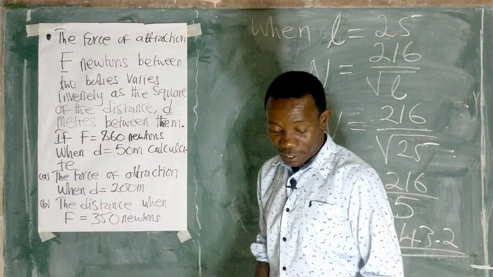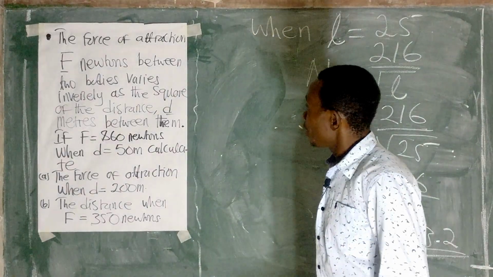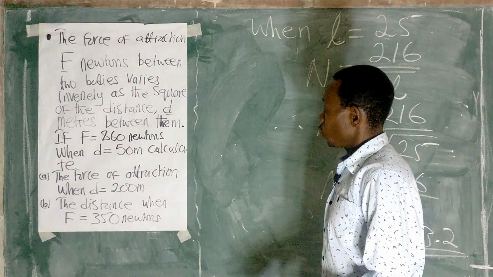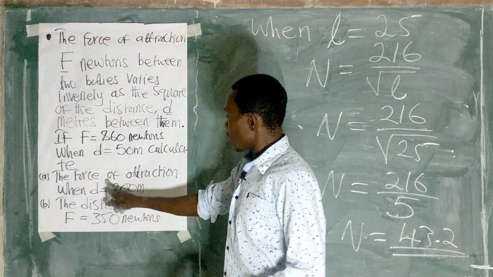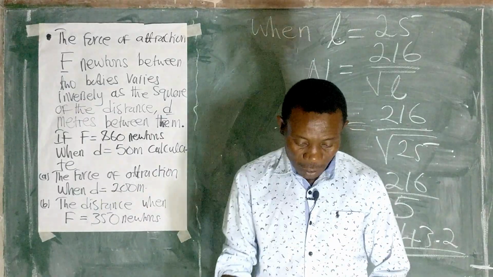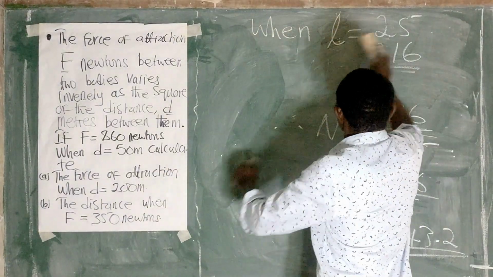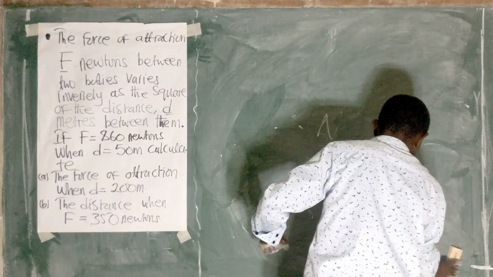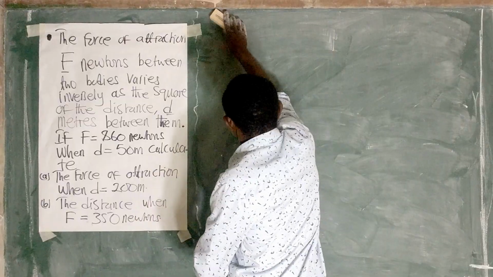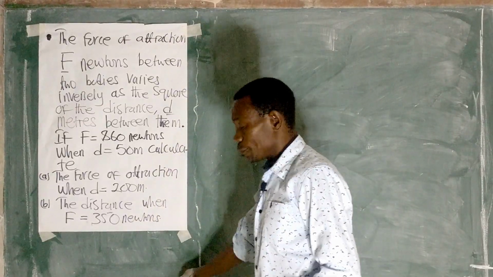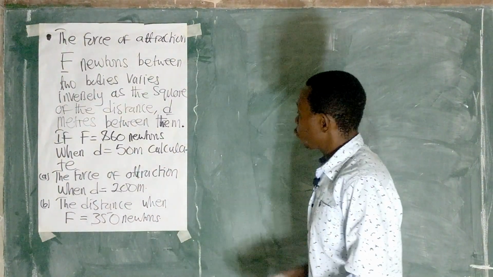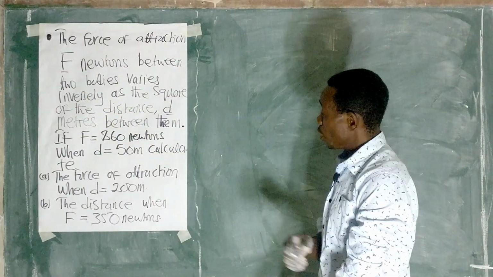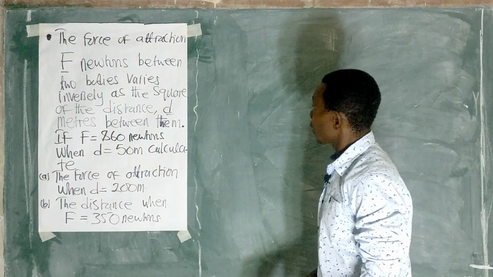So here, let us use the knowledge of the variation to calculate the distance and also calculate the force of attraction. Right. So what we're going to do here is nothing different from what we have already done up here. We're going to take the same approach in order to come up with the solution for the two problems.